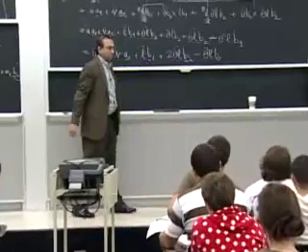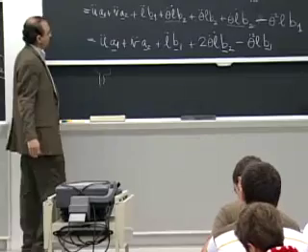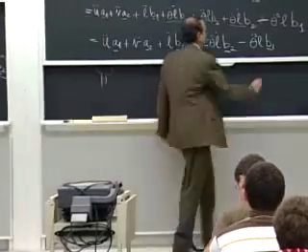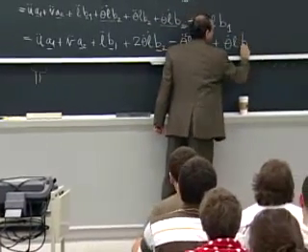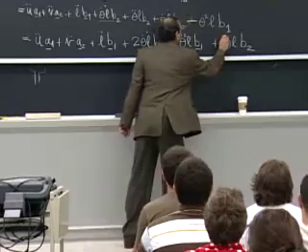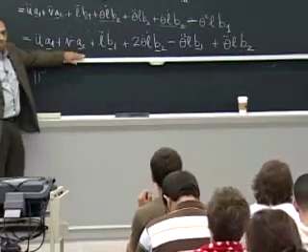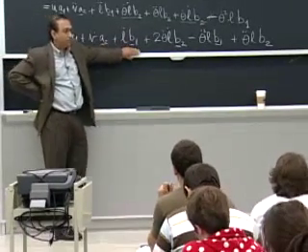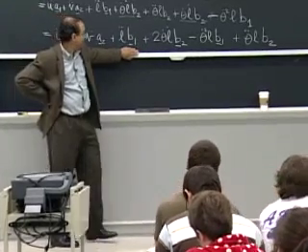So these are all the terms. There should be 1, 2, 3. Did we miss anything? Oh, we missed something for sure. Now help me, remind me what these terms are. What is this guy? Translational acceleration. What is this guy? Spidey's acceleration with respect to the frisbee.